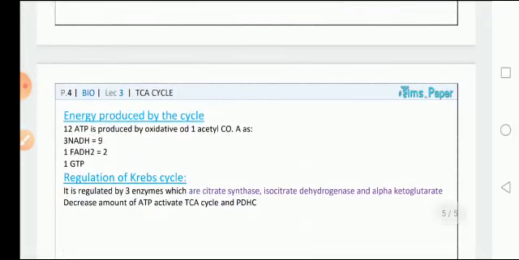By entering the ETC, this FADH2 will give me 2 ATP. 1 GTP was derived by the cleavage of the high-energy thioester bond. This means the total production of ATP by the TCA cycle is 12 ATP.